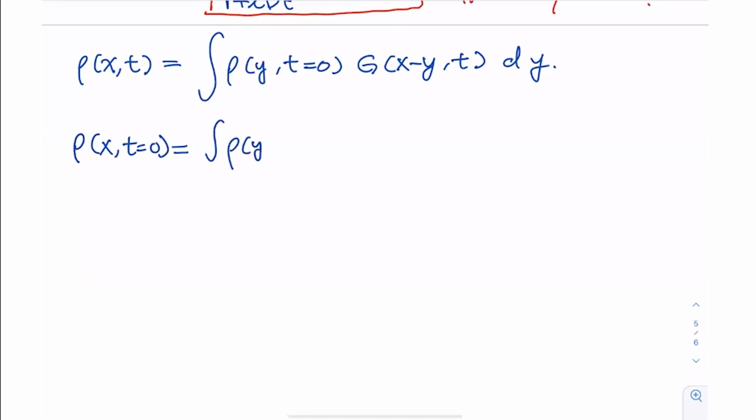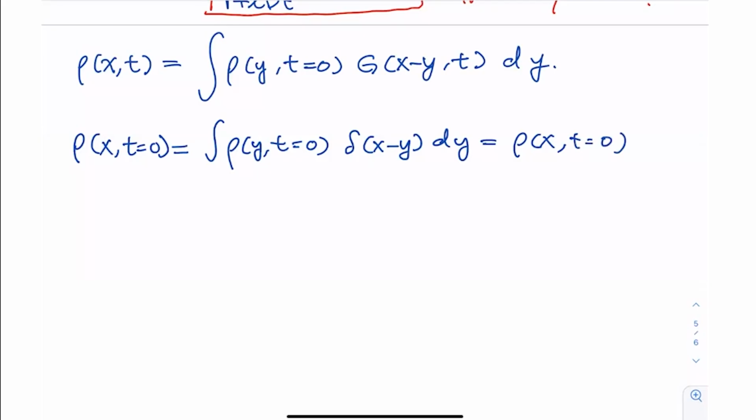You'll find that, as the Green's function's boundary condition tells us, it needs to be a delta function. So eventually we get the initial condition that we plug in. This is just a self-consistency check that this expression is not nonsense. We just showed that at least in the initial condition case, it works.